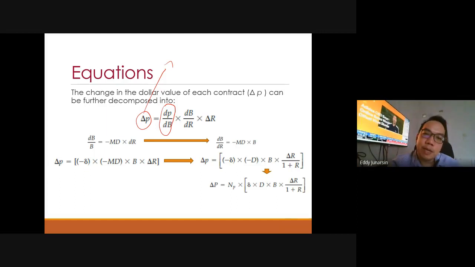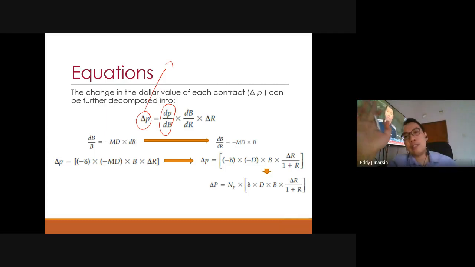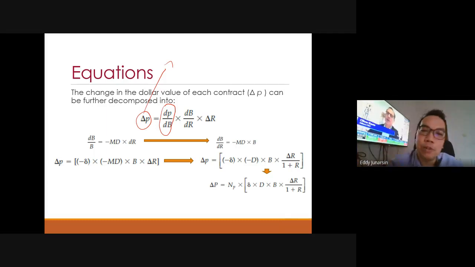dP over dB is the change in the option price divided by the change in the bond price, the change in the option value per $1 change in the bond value. This is called the delta of the option.